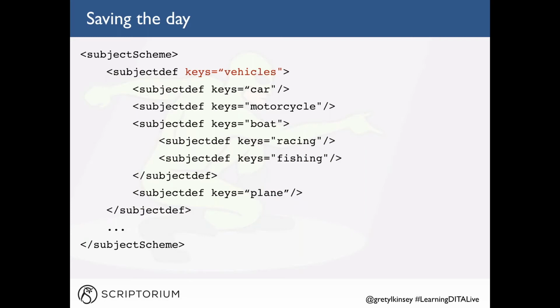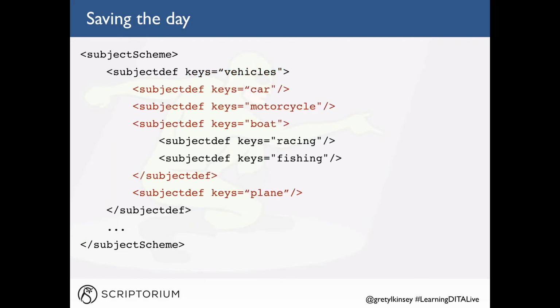Each individual subject def element defines a key for a controlled value. So if we look at this first subject def element here, where we've got the keys attribute highlighted in red, we can see that we have that keys attribute defined with a value of vehicles. And so what that does is it sets up vehicles as our first controlled value in this subject scheme.